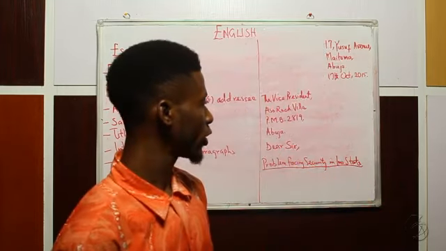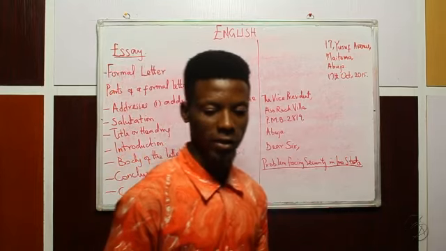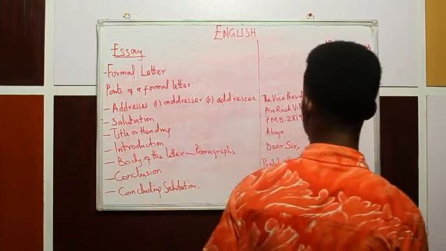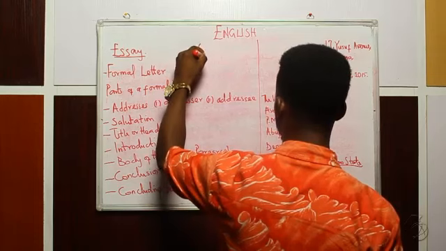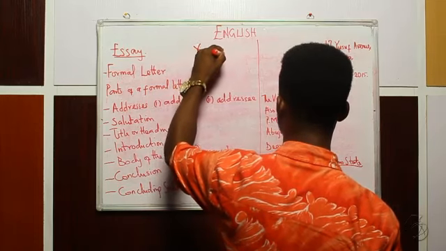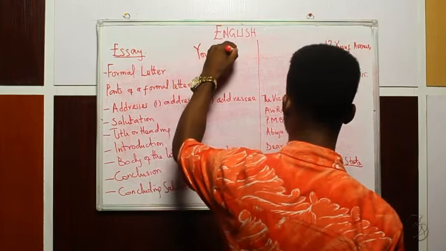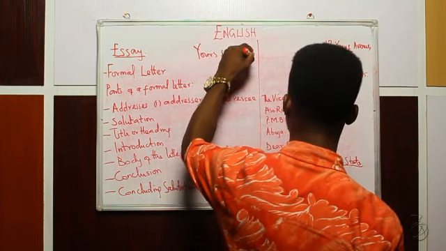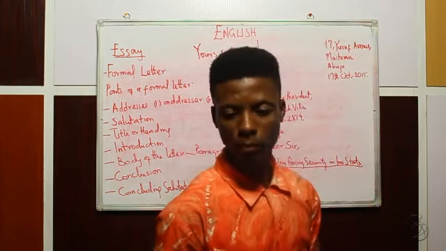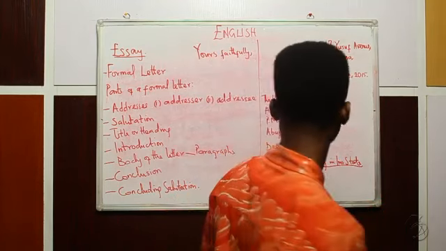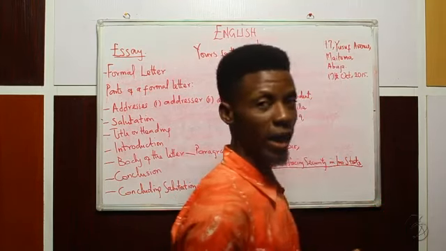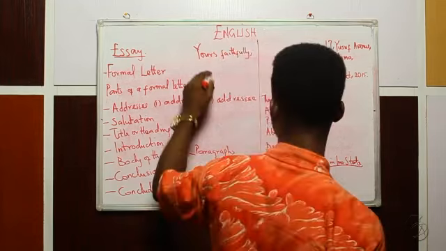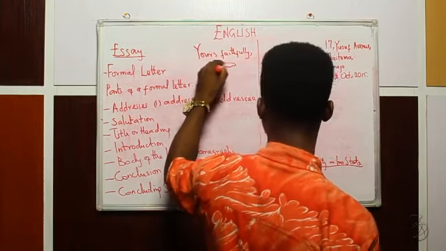The concluding salutation of a formal letter is written as "Yours faithfully," then a comma. On no account must you write the F of faithfully in capital letter, after which you put your signature.